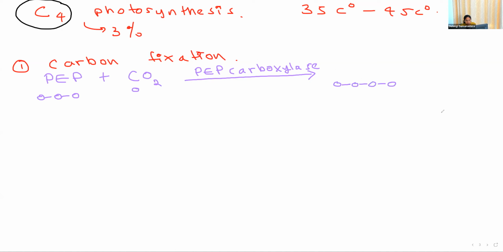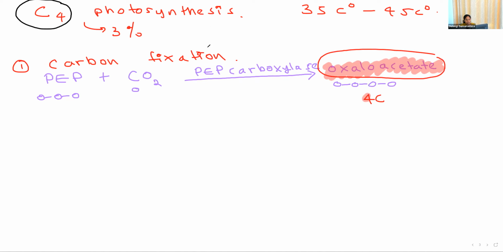Name is oxaloacetate. So you have to remember PEP carboxylase and oxaloacetate. Can you highlight the oxaloacetate? Oxaloacetate is a 4-carbon compound, and this is the first stable product produced in C4 photosynthesis.